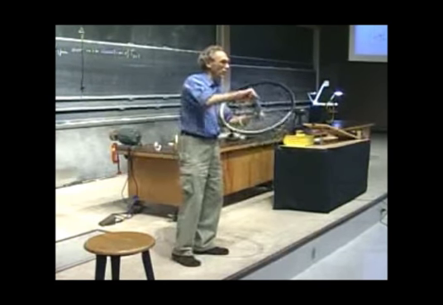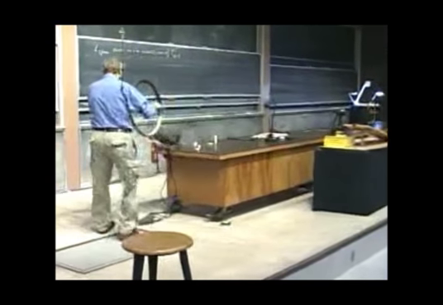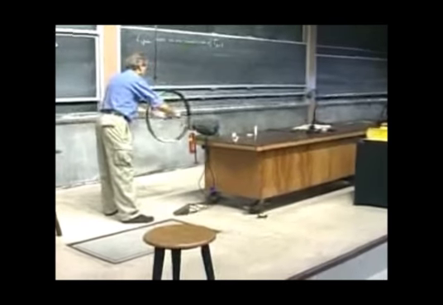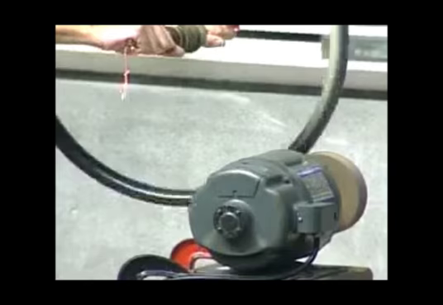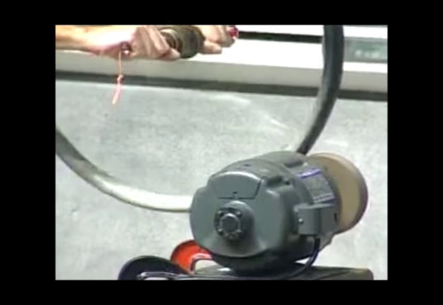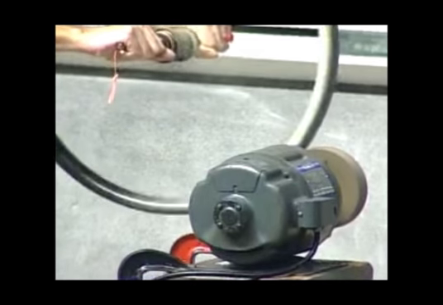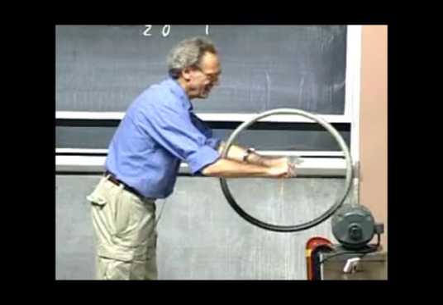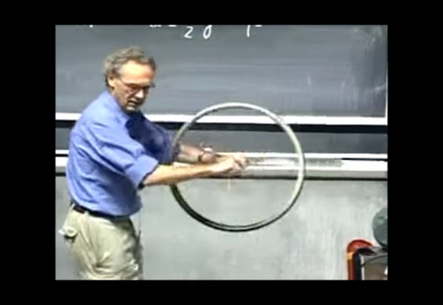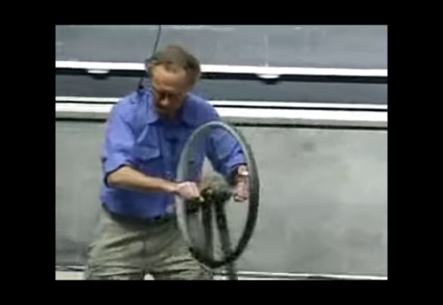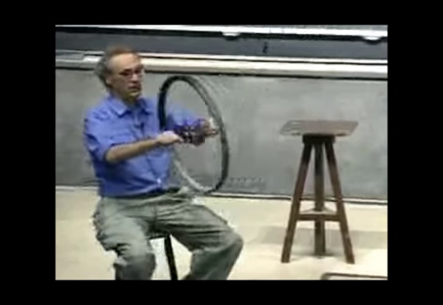And when I torque the other way around, it will go back in the horizontal plane. I'm going to torque exactly as you see on the picture there. You ready?